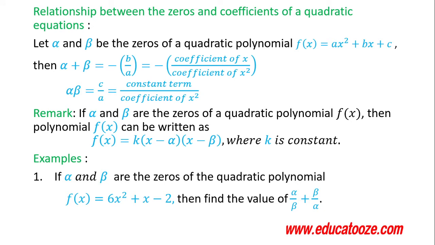Now, which is very important, I have just mentioned earlier, the relation between zeros and coefficients of quadratic polynomials. Quadratic polynomial I have mentioned earlier, the standard form is ax square plus bx plus c.